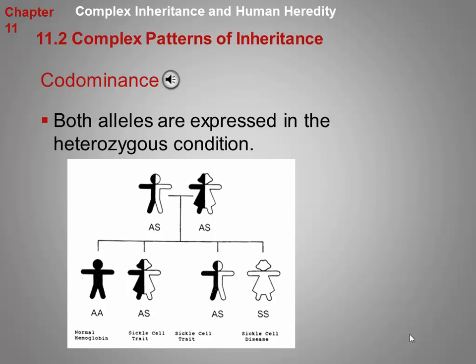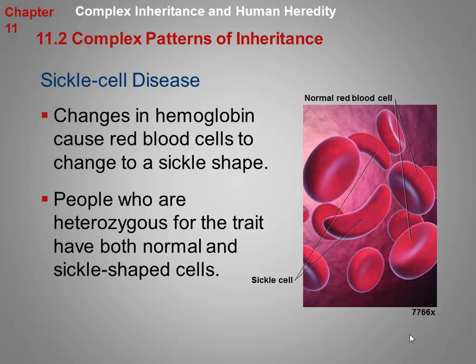So this is one example of codominance. The red blood cells are sickle-shaped, and if you are heterozygous for that, if you're a carrier, then you actually have both the normal red blood cell and the sickle cell. But typically you have enough normal red blood cells with the sickle cell that you lead a normal life.